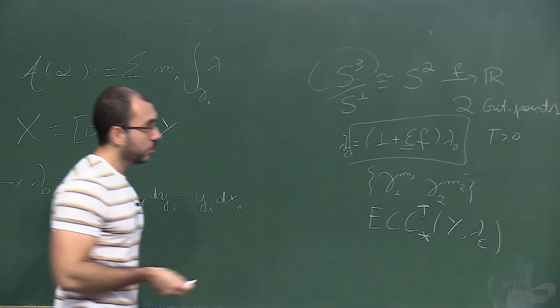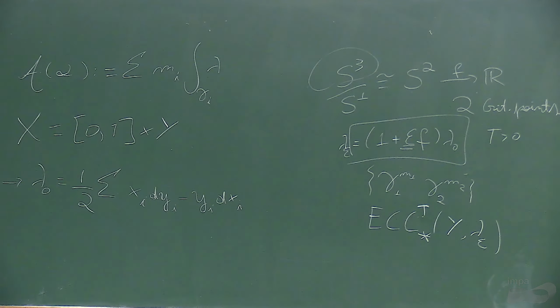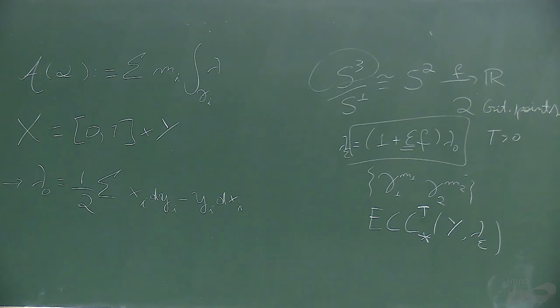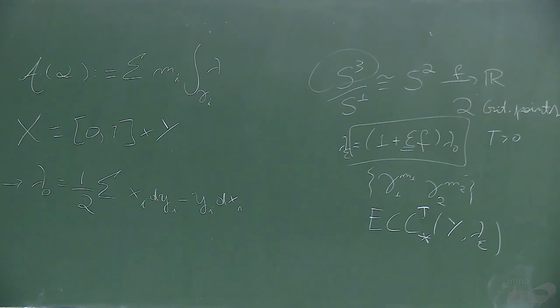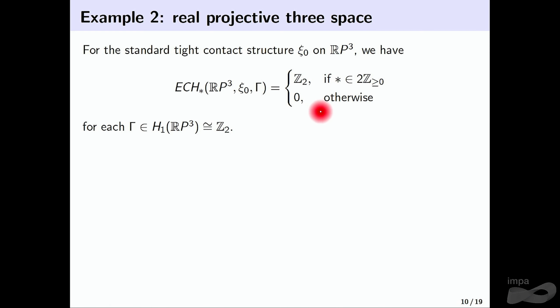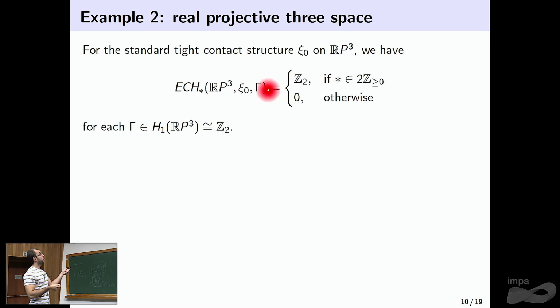And in that case, you conclude that the ECH is given by 2 copies of the previous one. So you have one generator for non-negative even degrees, but for each singular homology class. So it's something like 2 copies of the previous ECH.